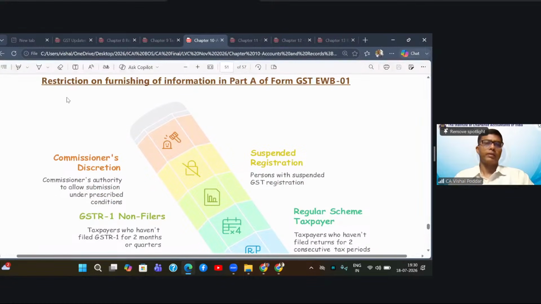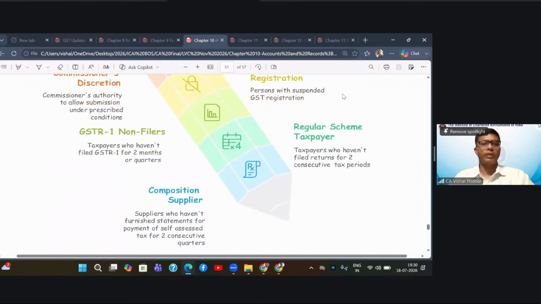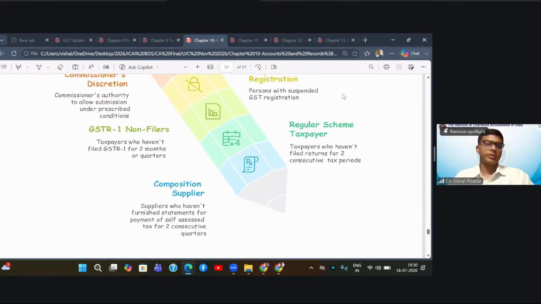Further, there can be restriction on furnishing of information in Part A of GST e-way bill 01. Now, when can this happen? In what cases will the portal not allow you to upload the details, in short, not allow you to generate the e-way bill? First, the commissioner has authority to allow submission under prescribed conditions. A person who has a suspended GST registration cannot do that.